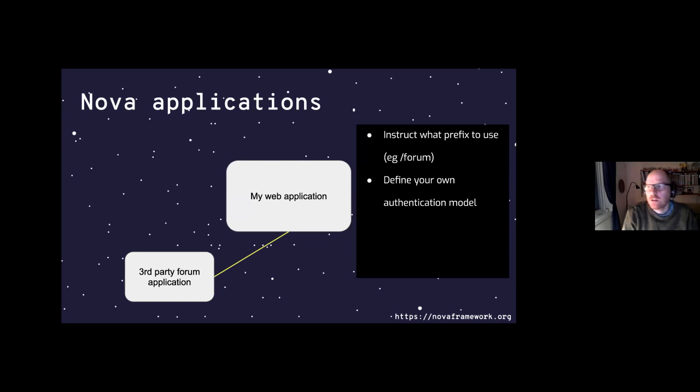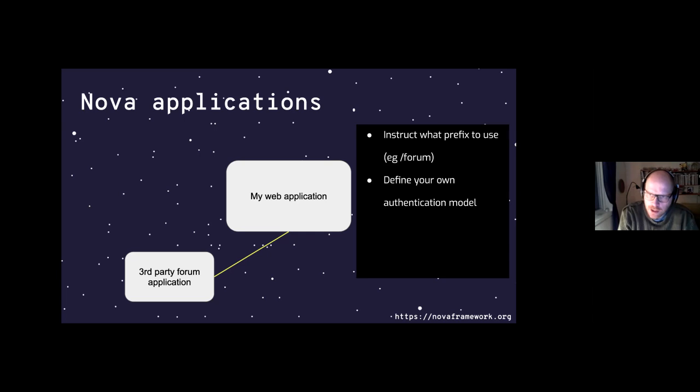And of course, you can just use it straight off, but you probably want to configure it a little bit. So what we have done is, when you are including an application, you can actually instruct it if you are going to have a prefix to all the routes in that application.